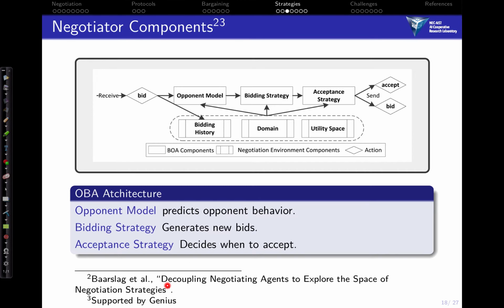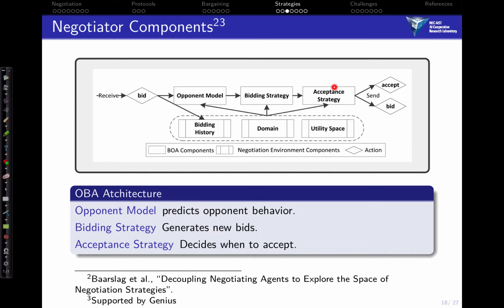The first one is the opponent model, which tries to understand either the behavior of the opponent, their strategy, or their utility function based on their behavior. The second thing is the bidding strategy. That's the thing responsible for giving proposals. So when proposal is called, what's implemented in it is what we call the bidding strategy.